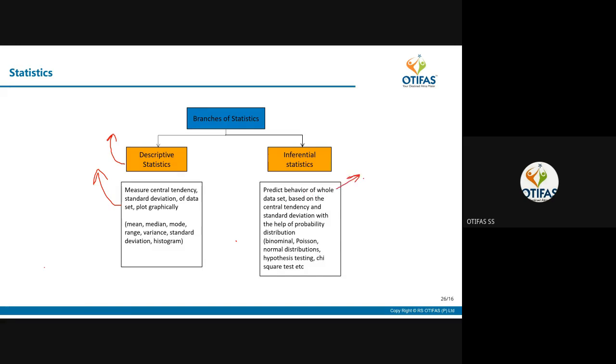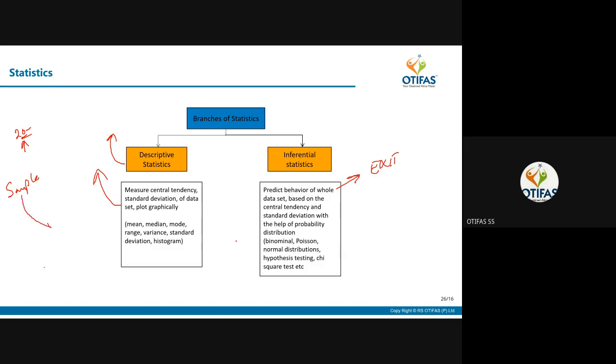Exit poll. In UP, for example, around 20 crore people are voting. You cannot go to 20 crore people and ask whom they have voted for. So they take a sample set, maybe some 1,000 voters.